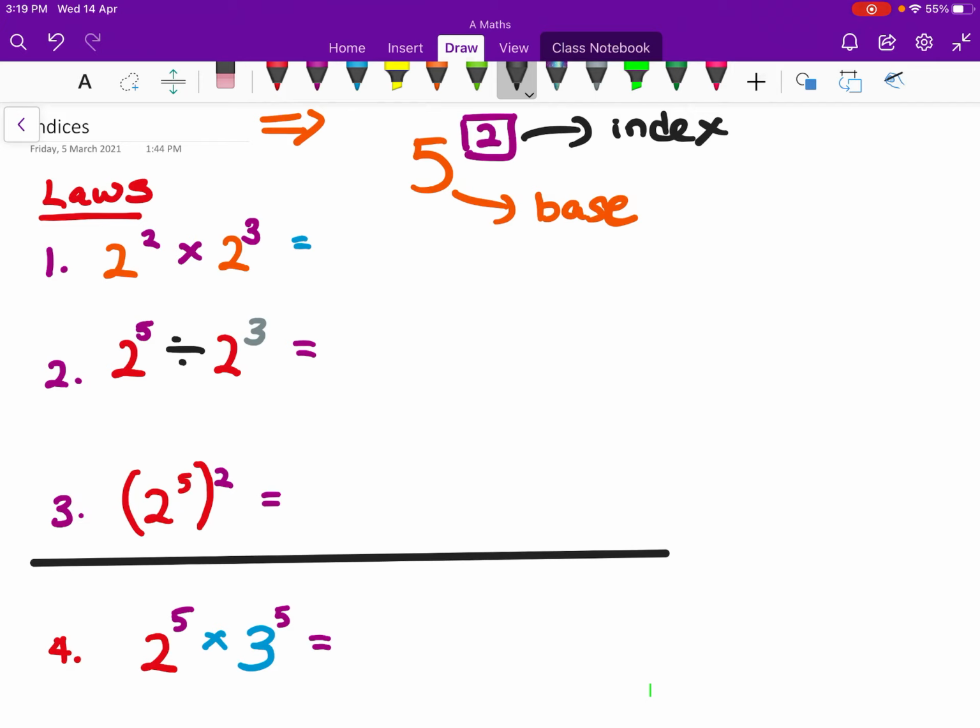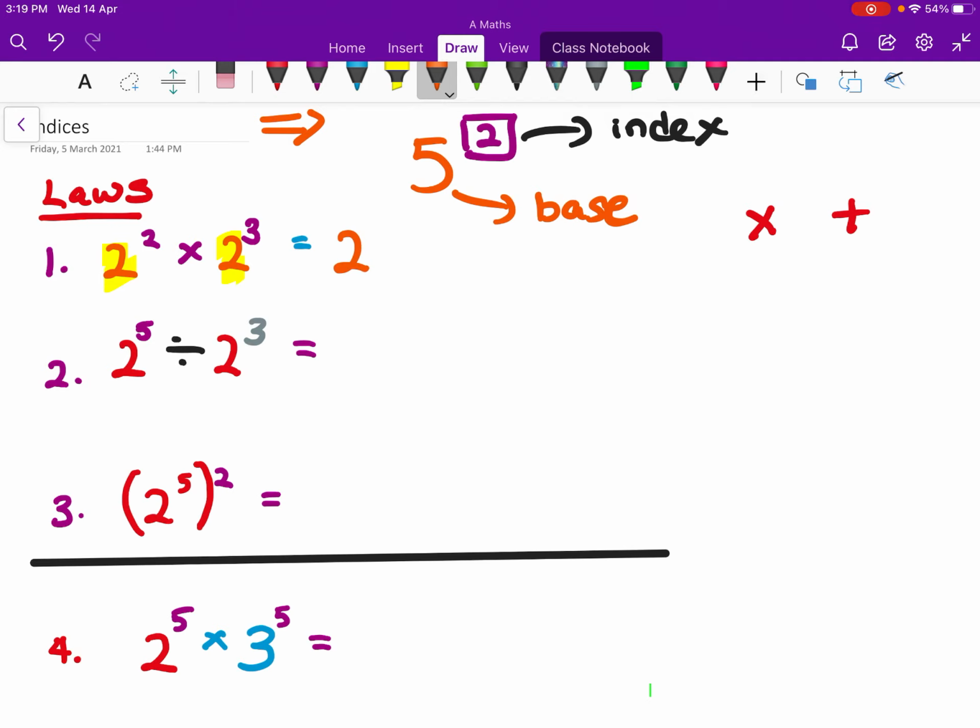For indices, there are quite a few laws to memorize. The first law is 2 to the power of 2 times 2 to the power of 3. What can I get from these two multiplied together? Always remember, whenever you see multiply, you think of plus. The base here and here is the same, so if the base is the same, you simply put 2 first.